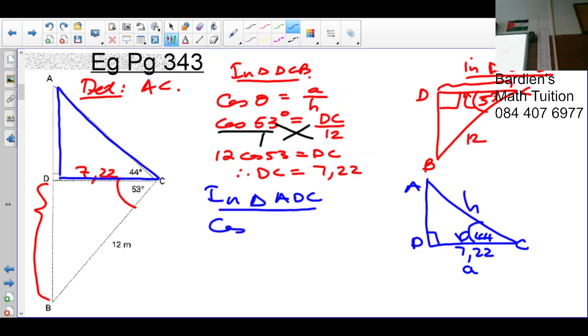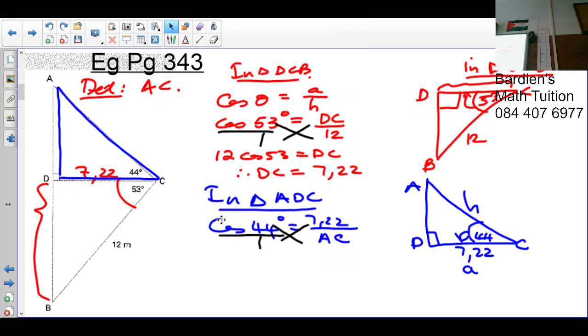Theta is 44 degrees, equals your adjacent, which is 7,22, over the hypotenuse. Can you see that, people? So what do I do now? Cross multiply, and you punch it in the calculator once you've got AC at the side.